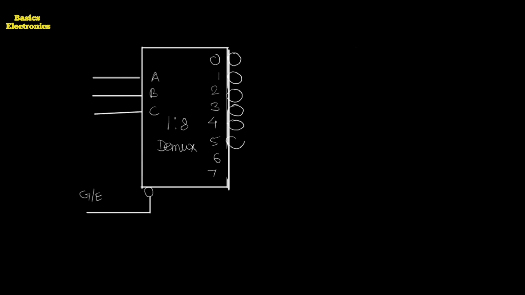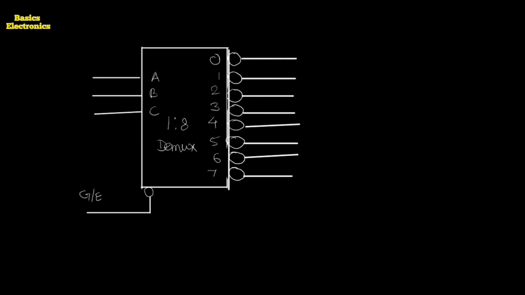For all outputs, we require to draw the bubbles because the IC is having the active low output line. Now here we have to draw the gate. That gate is the NAND gate. So here is the first NAND gate, having the output F1, and here the second gate having the output F2.